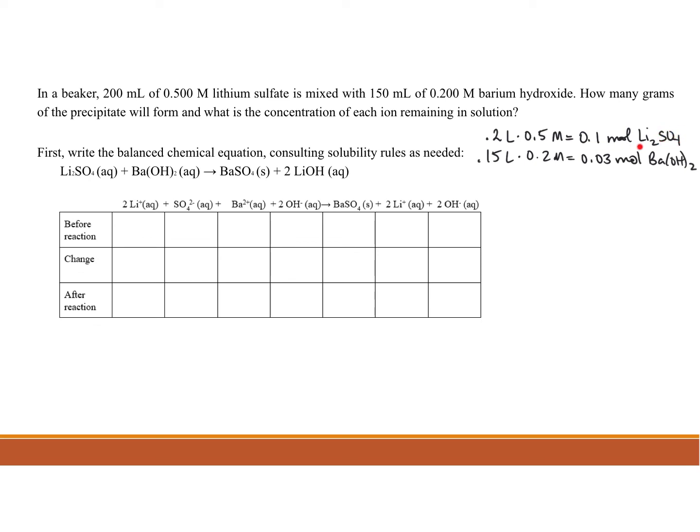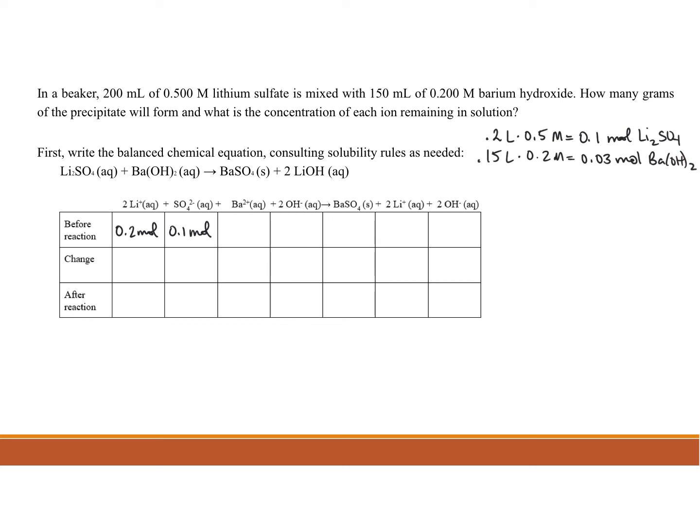So if you have 0.1 mole of Li2SO4, that means that you have 0.2 mole of Li+, and you also have 0.1 mole of SO4 2-. Again, by the same token, for every 1 mole of Ba(OH)2, you have 1 mole of barium ions and 2 moles of hydroxide ion.